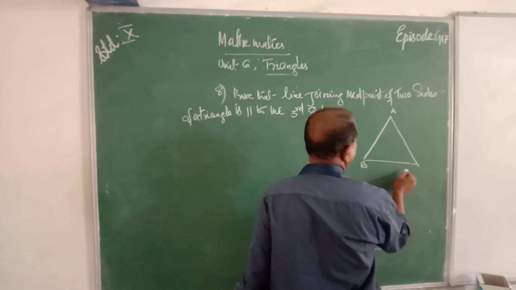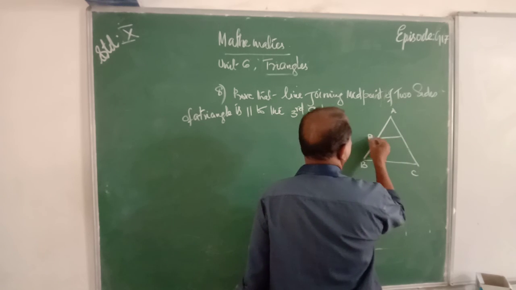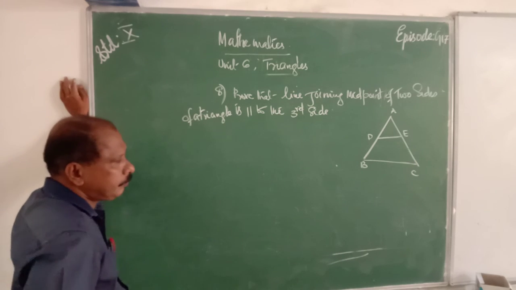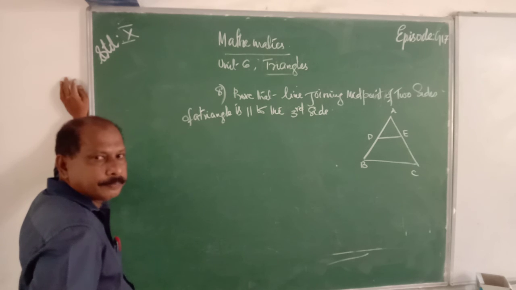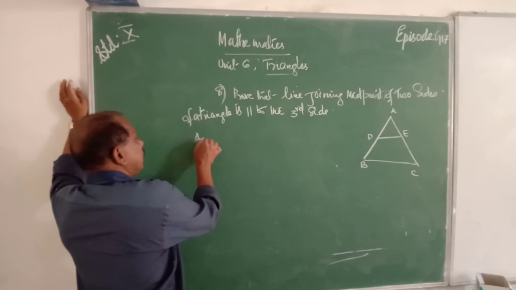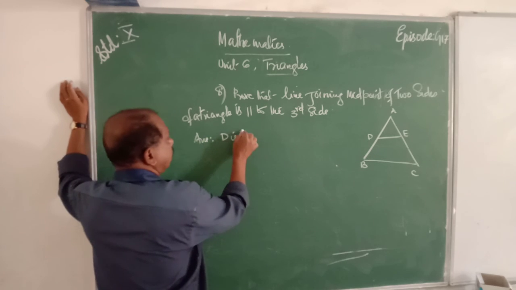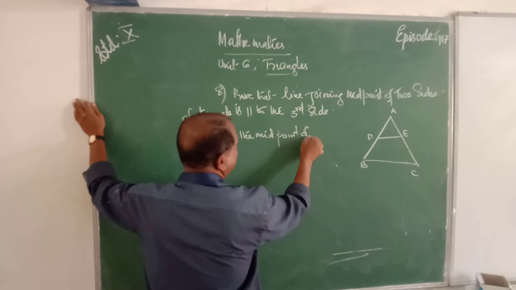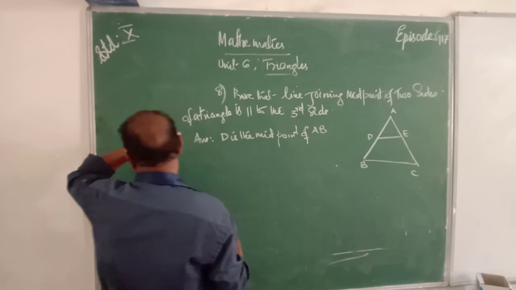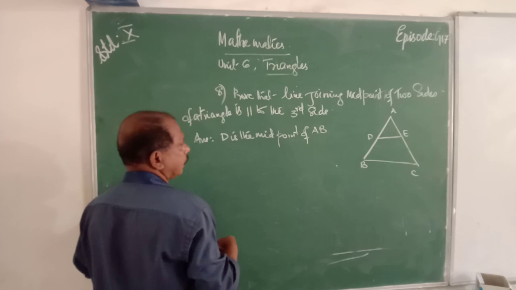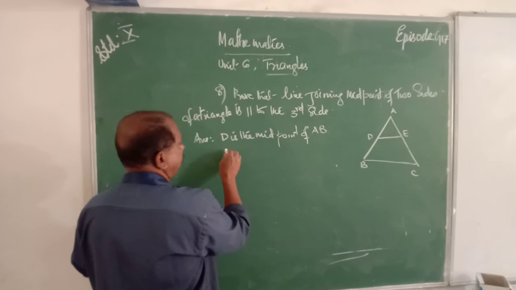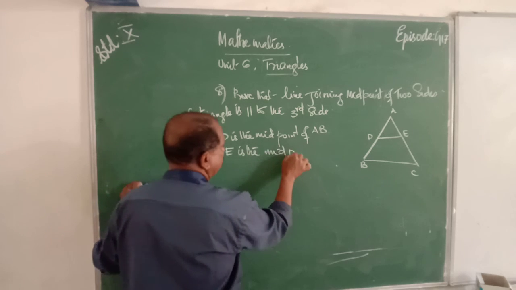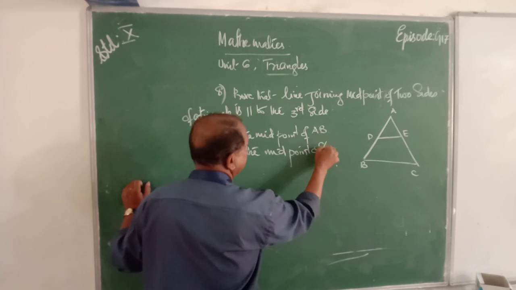Triangle ABC, D, E. Answer: D is the midpoint of AB and E is the midpoint of AC.